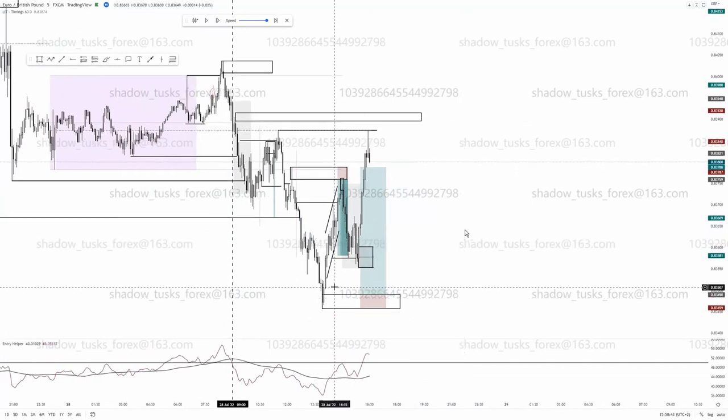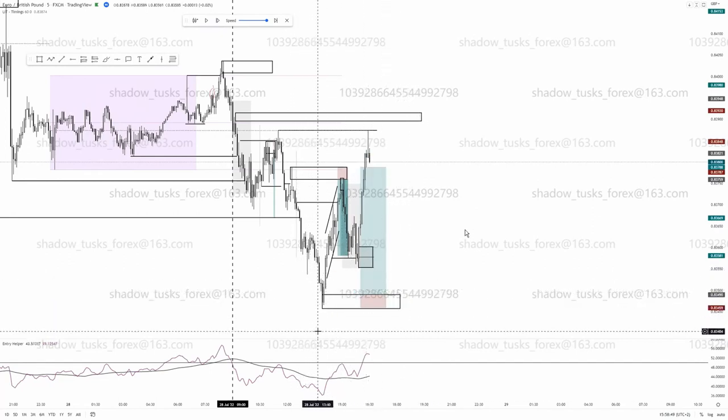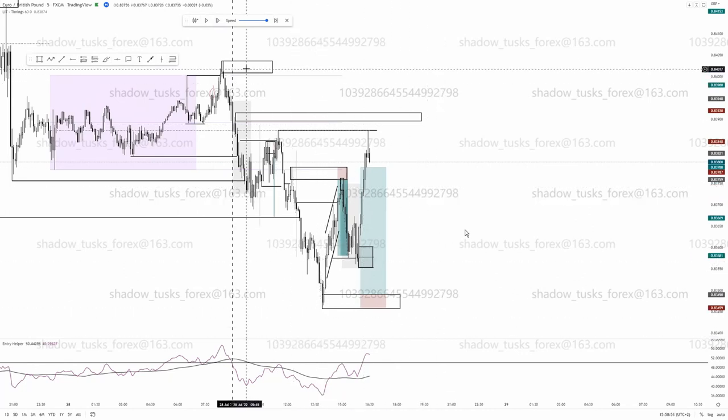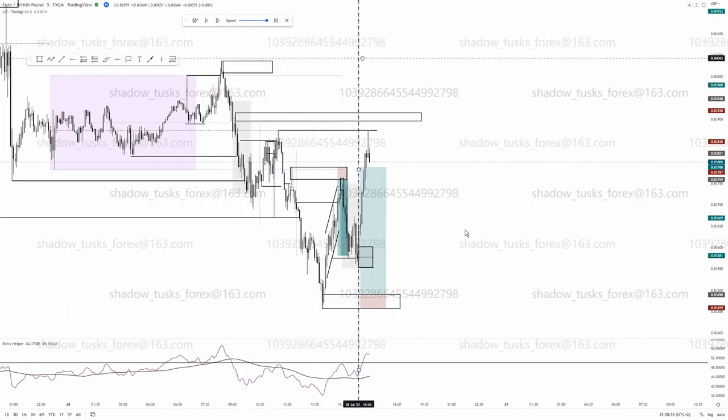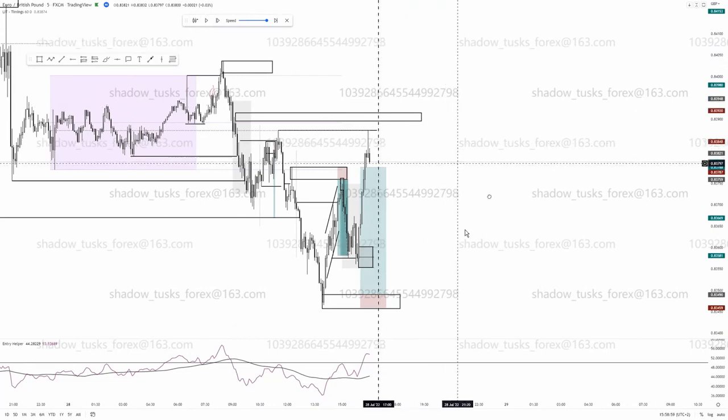But there's a couple of things that we do need to know. We are likely trading away from this inducement right here. And timing wise, we have London close right here.